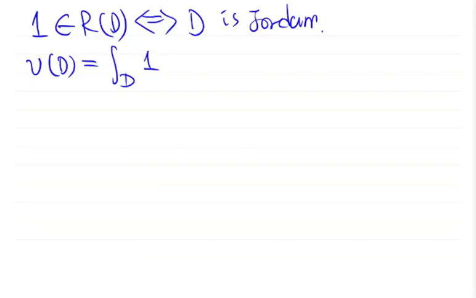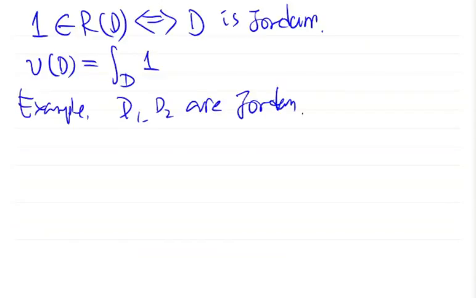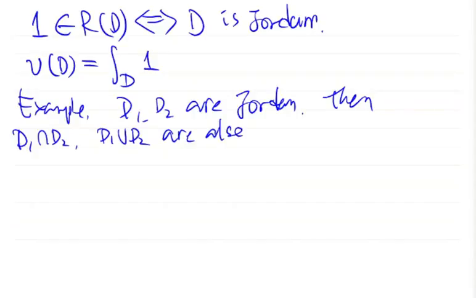For example, if D1 and D2 are Jordan domains, then their intersection and their union are also Jordan domains. Therefore, they have a union volume.